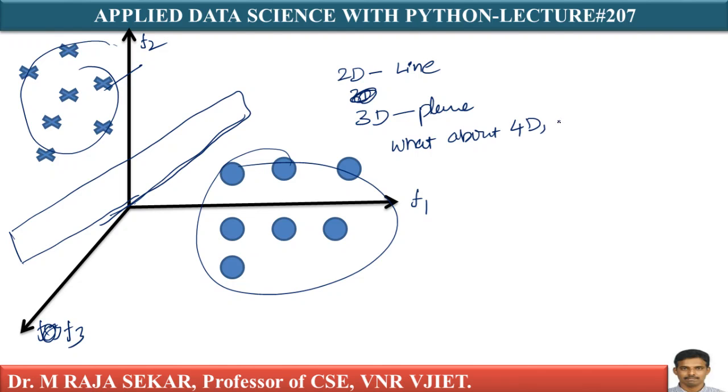What about 4D, 5D, 6D, and so on? What about n dimensions?